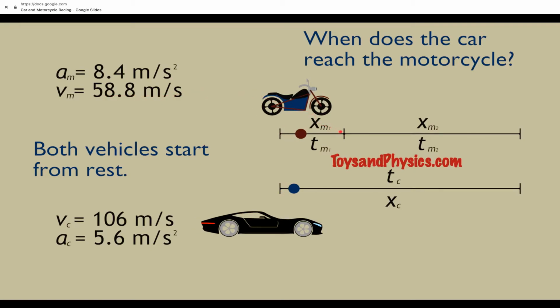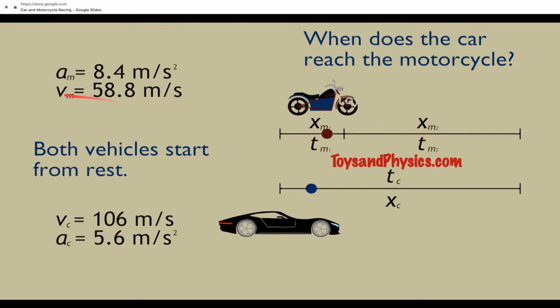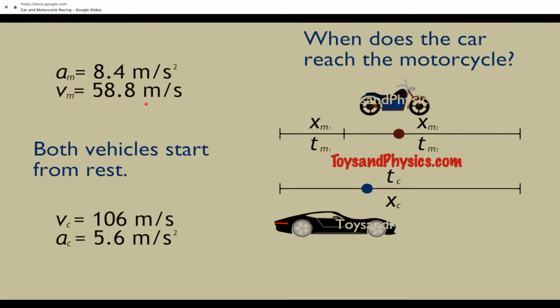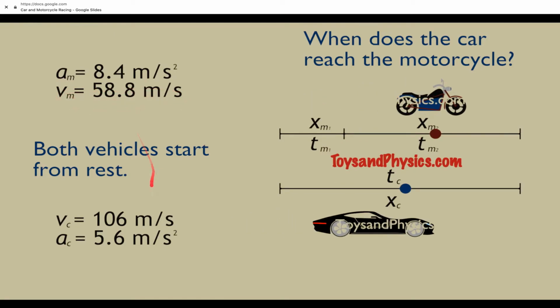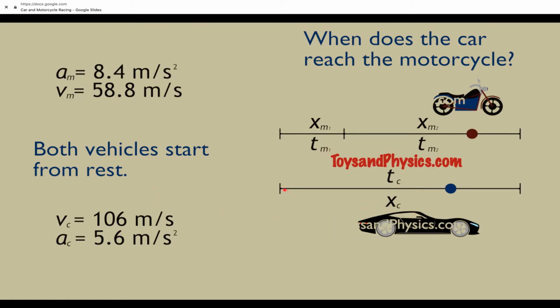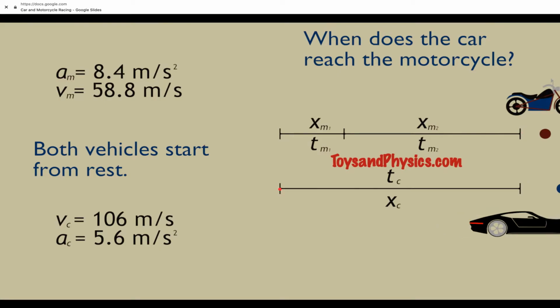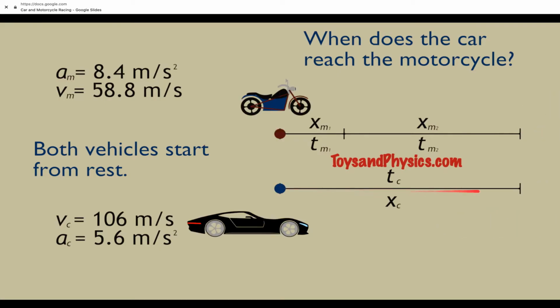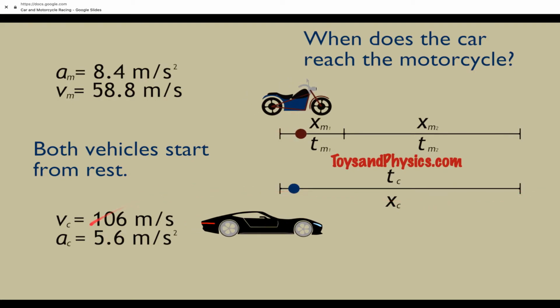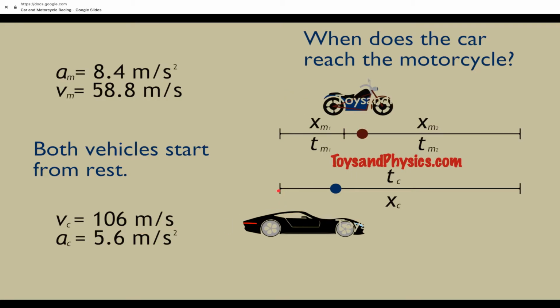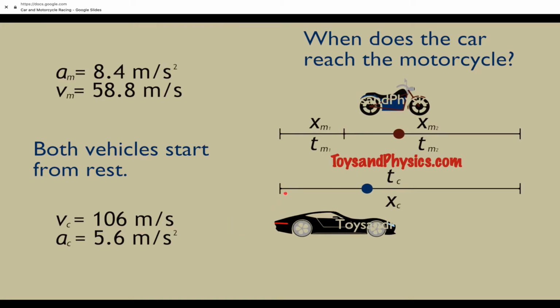From here to here, the speed it has is 58.8 meters per second. Same thing for the car. We have a car that starts from rest. Eventually it reaches 106 meters per second, from here to some spot in space and time, but it's doing it at an acceleration of 5.6 meters per second squared.